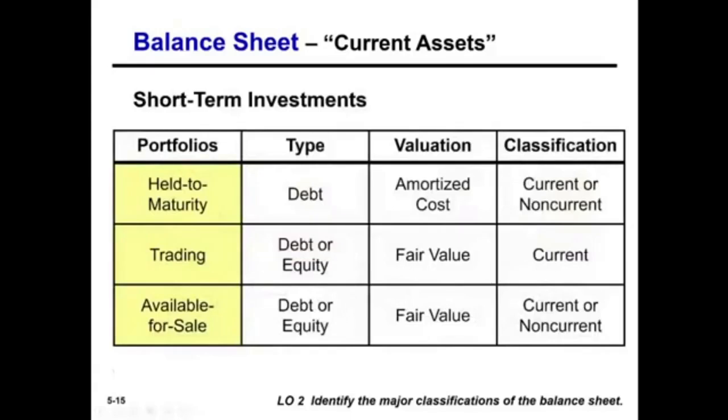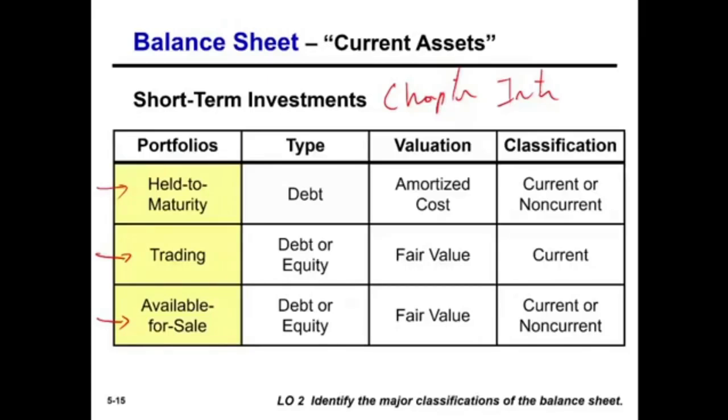Short-term investments, again, we're not going to look at them in detail in this chapter, but believe me, there's one whole chapter devoted to this, and usually this chapter is intermediate two. If you really want to see this, I do have the chapter on my YouTube. If you have investments, depending on how you classify them, you could classify them as trading, available for sale, or held to maturity.